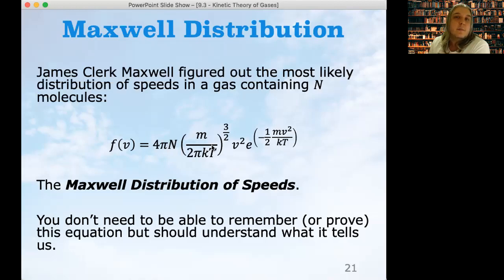This is assuming every particle in the gas has the same mass, which is what happens when we take an ideal gas. We've got Boltzmann's constant k, m and k both in both of these terms. Temperature is in both of these terms. And we've got the velocity here and here.